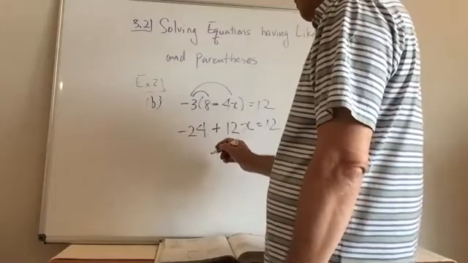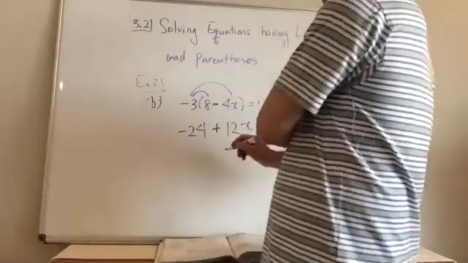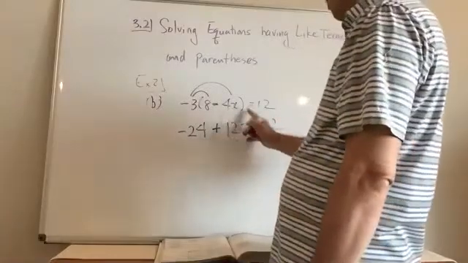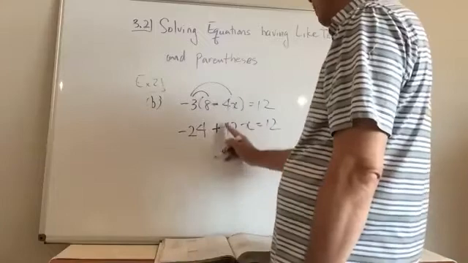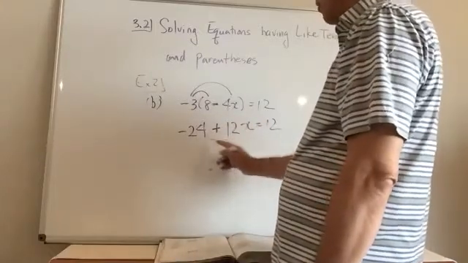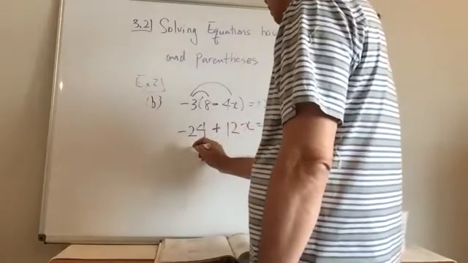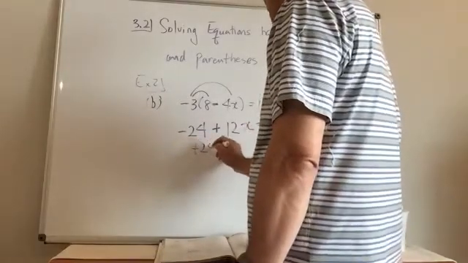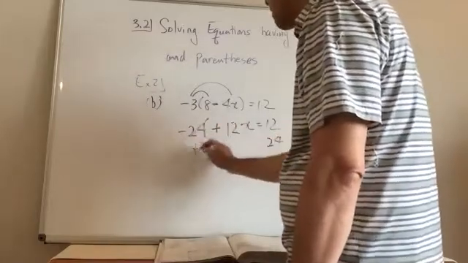Elijah, finish this off. I don't remember. You want to get this by itself, right? Yeah. Oh, so then it'd be negative 24 minus 12, and then 12 minus 12. So you're going to add 24 on both sides. Okay. You're adding, because that's how this cancels out.